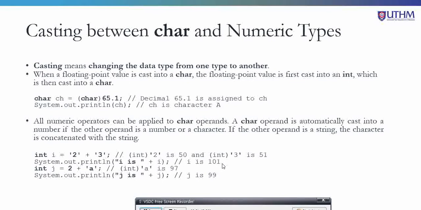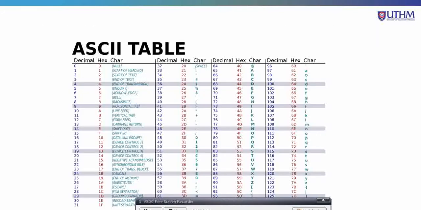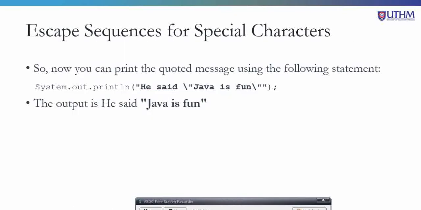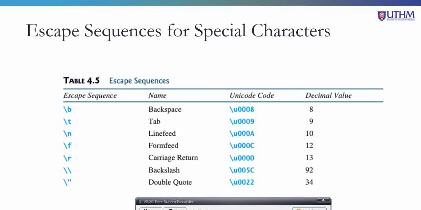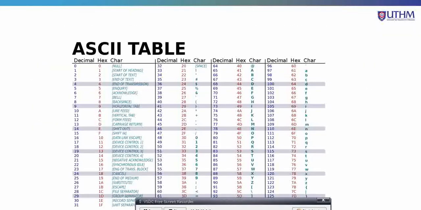Okay. And then int j equal to 2 plus a. Okay. So refer back to the value of the ASCII table. Okay. What was it? 2 plus a, small letter a.